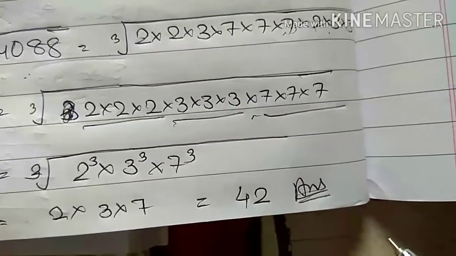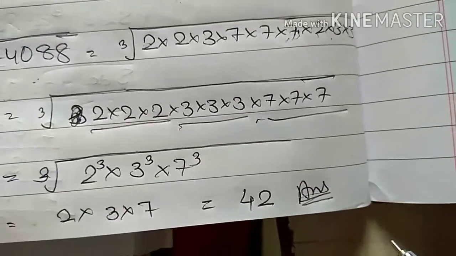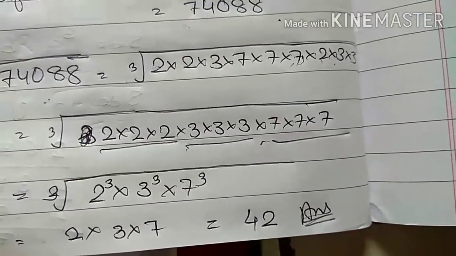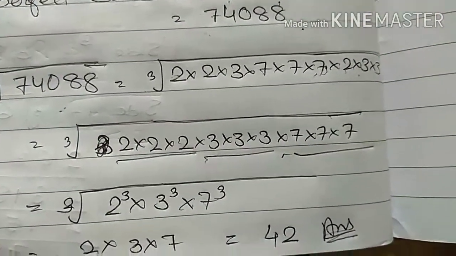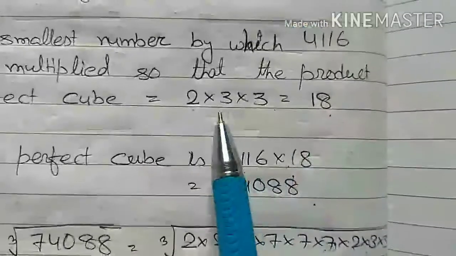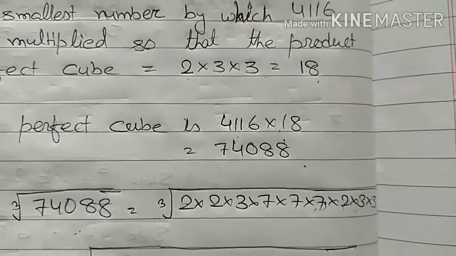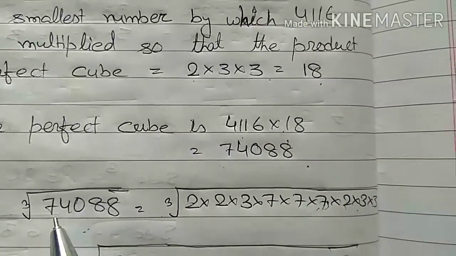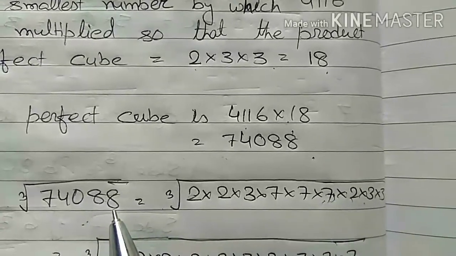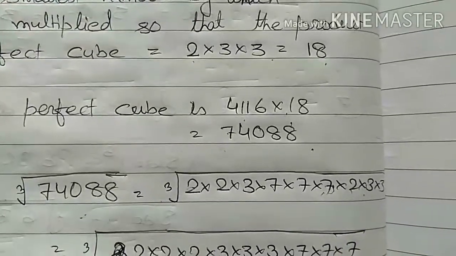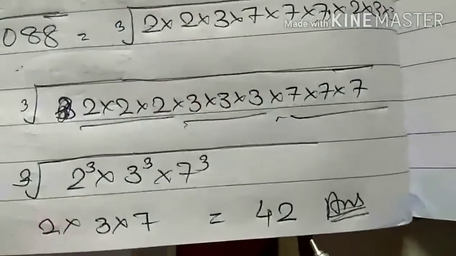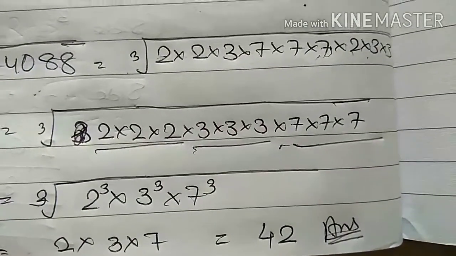Okay, means the number obtained by multiplying by the smallest value, which is 18, is 74,088, and its cube root is equal to 42. Is it clear?